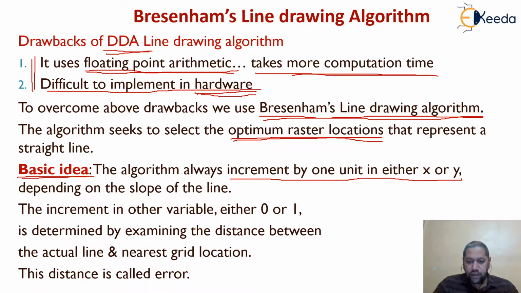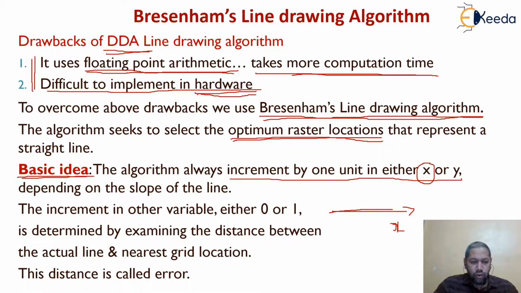Suppose I draw a line here, not an exact straight line, but say a horizontal line. In this case x is always incremented by 1, and the y value will not change, it will be 0.